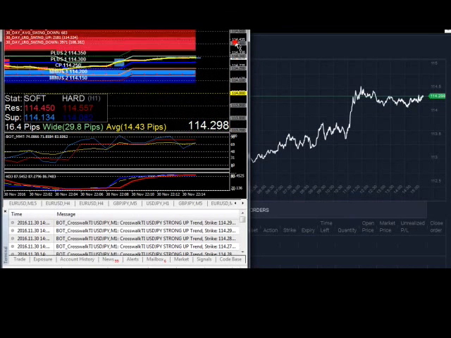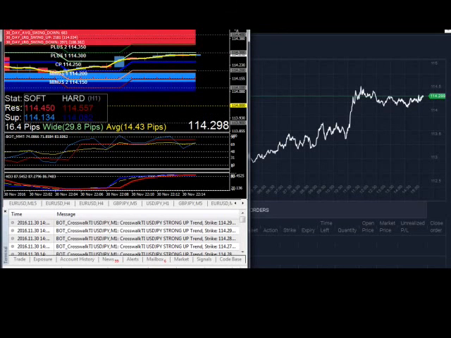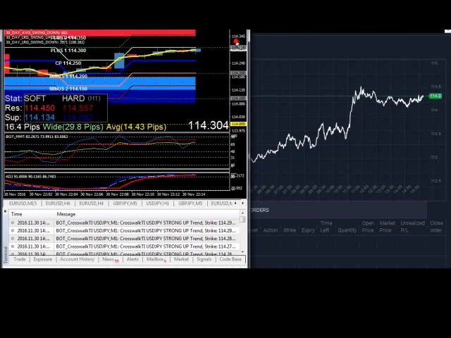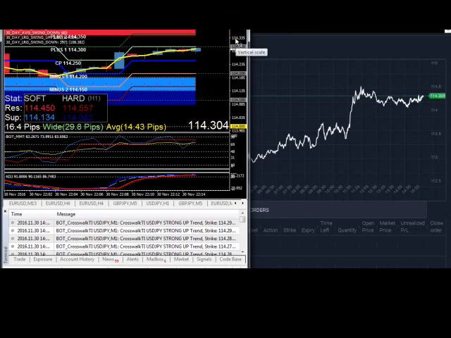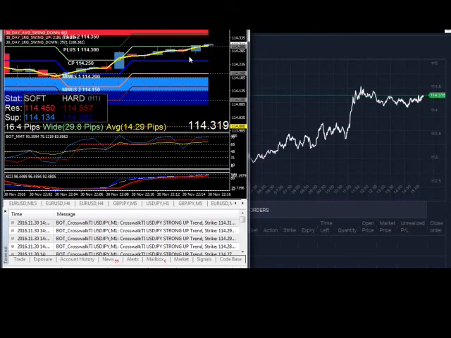When you can see we've already crossed levels like R2, the day is already up. So the easier thing to do on an up day is always going to be to trade up with the day. That's just it.